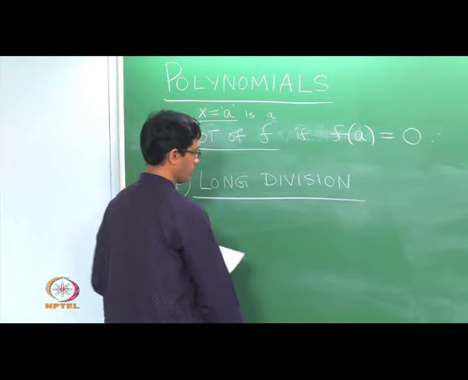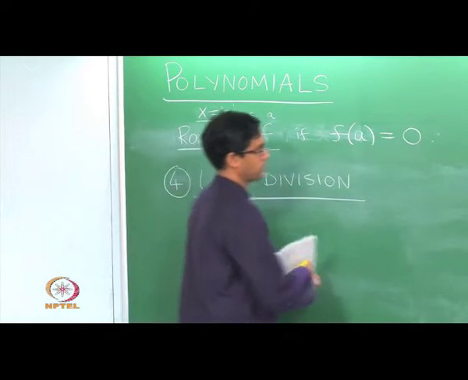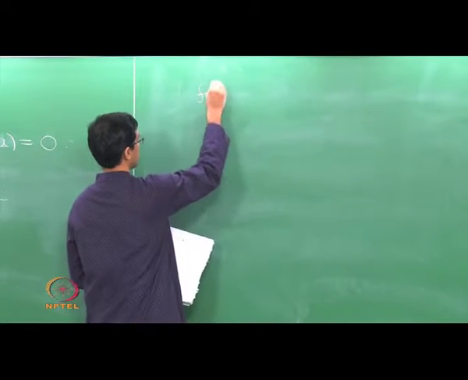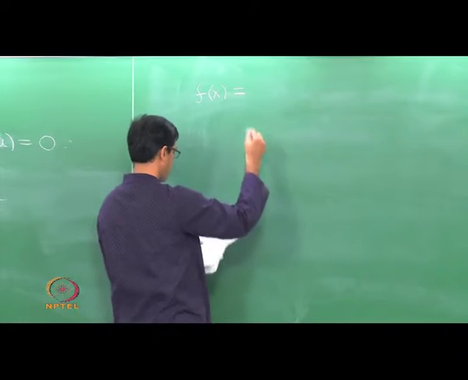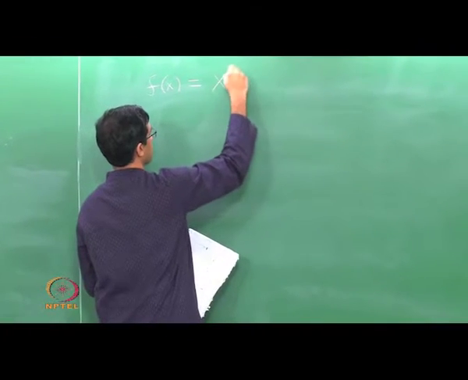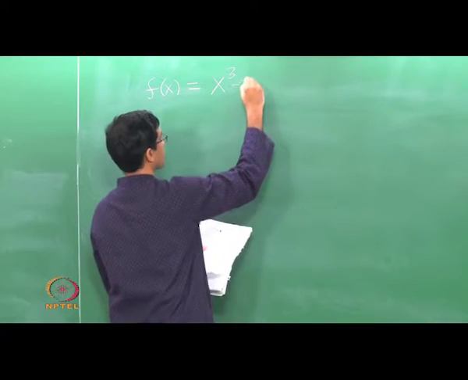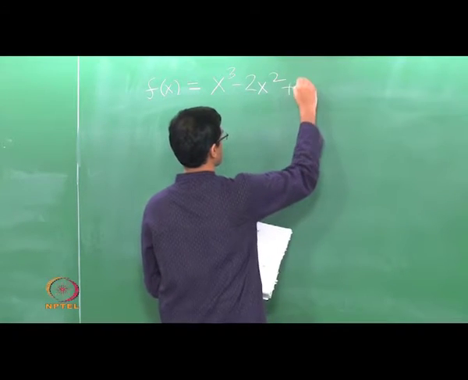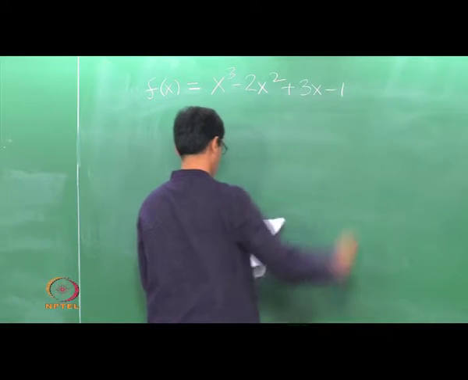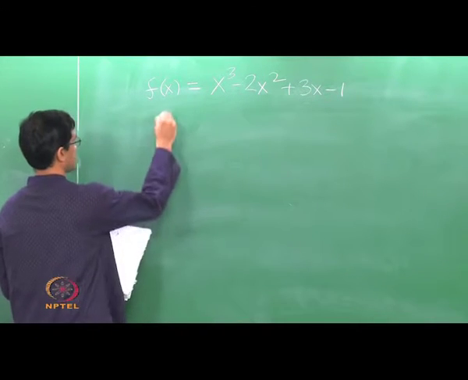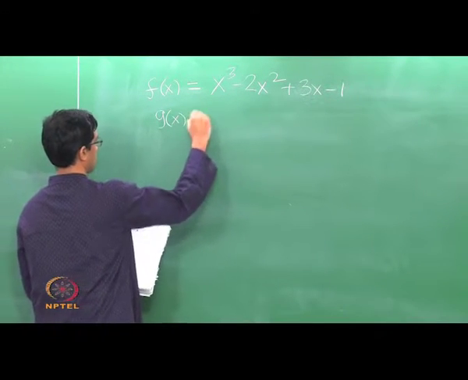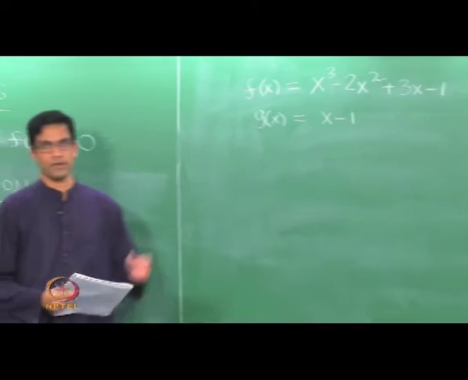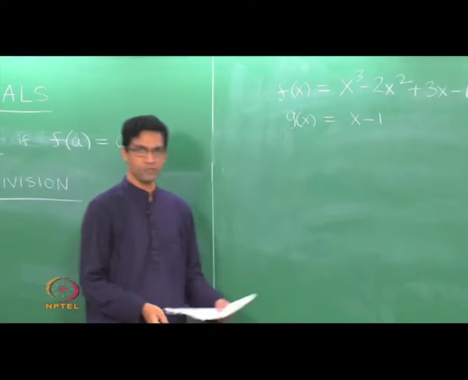So let me take some more space. So let us perform long division of the polynomial f of x. I am going to divide f by g, perform the long division procedure.